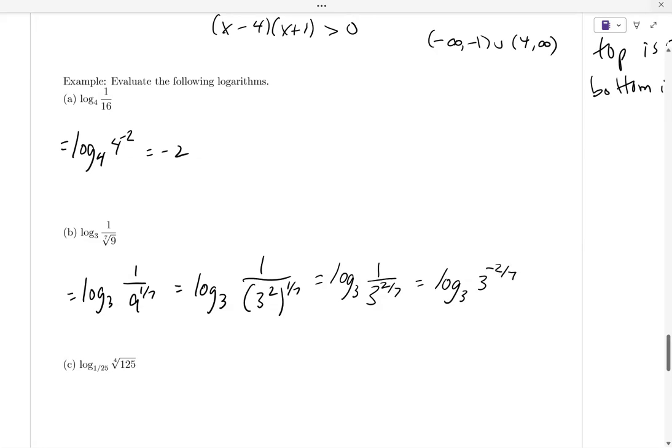We can bring that up to the top and make it a negative exponent. And now again, what power do you need on 3 to get 3 to the negative 2/7 power? Negative 2/7, right? It is the exponent. Remember again, logarithms are exponents. It's trying to pick off the exponent that's on the base. So I would get negative 2/7 there.